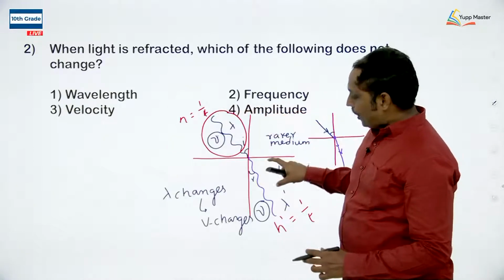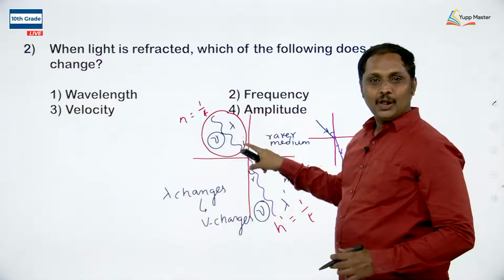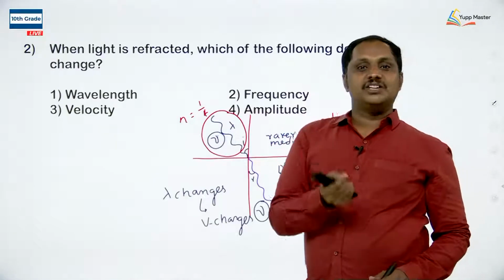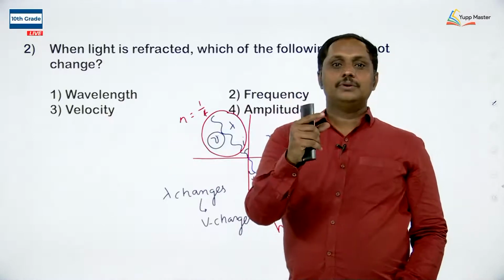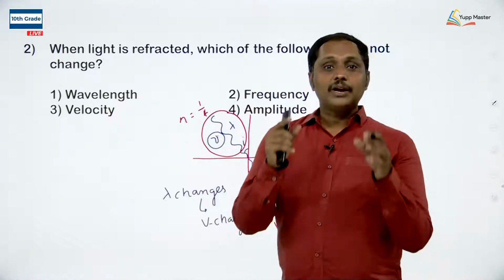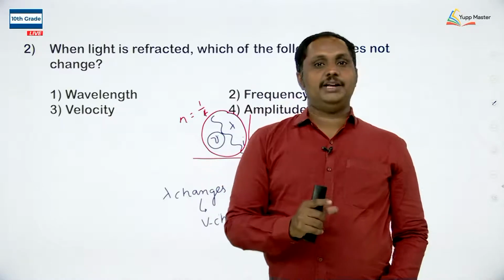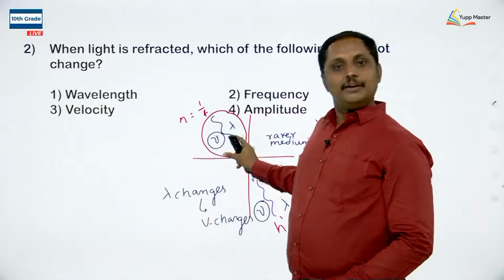Before entering and after entering into the other medium, these are the same. So, frequency does not change. The frequency of the light wave can be changed by the source only. So, the frequency depends on the source only. It does not change by the medium.